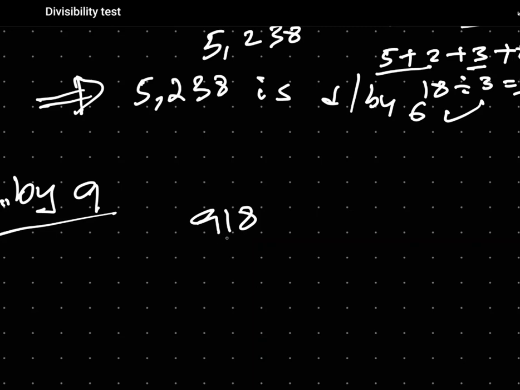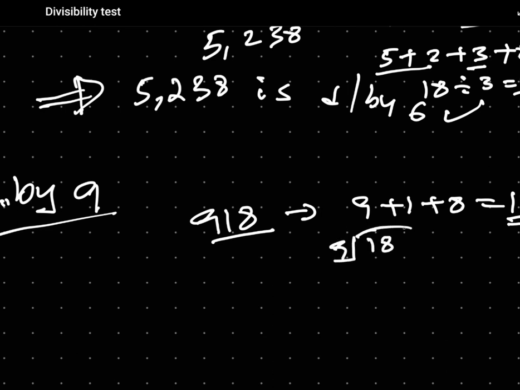Is this number divisible by 9 or not? How do we check? You add 9 plus 1 plus 8. So this is 18. Then 18 is divisible by what? 18 is divisible by 9 because it is 2 times 9. So this number is divisible by 9.